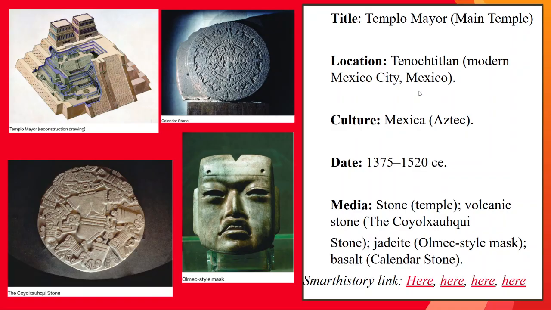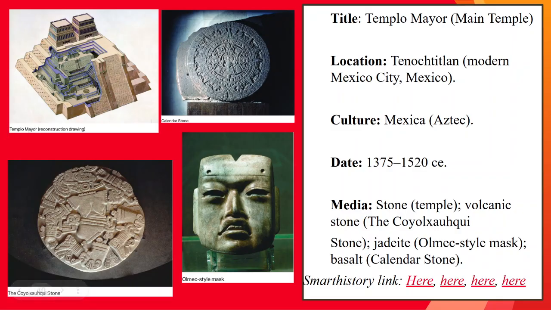The Aztecs are also where we brush up with European colonialism. So this date of 1375 to 1520 is right in the heart of the Aztec Empire and also leading to its eventual downfall because of European colonization. There's 4 different elements College Board is having us look at.